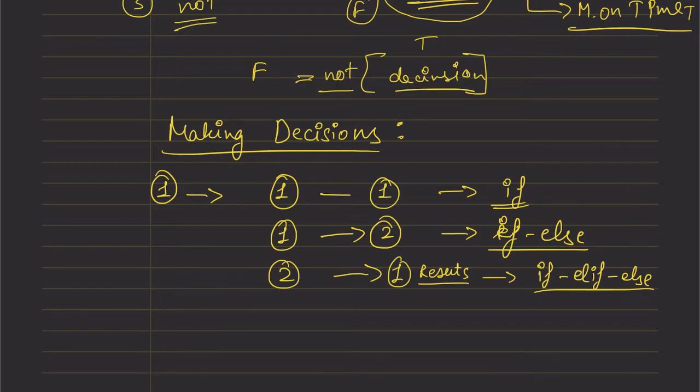So these are the three statements available in Python which you need to use along with the operators you have learned till now in order to take decisions.